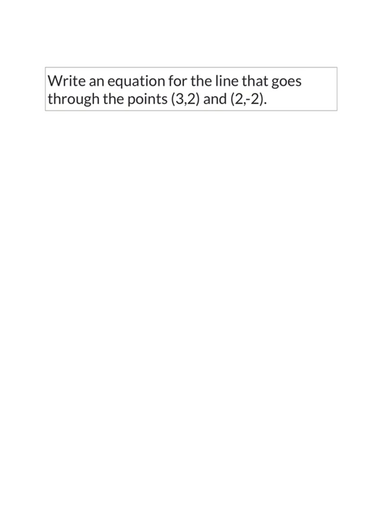Okay, here's another problem. Ooh, it looks like we get to write an equation for the line that goes through the points 3, 2, and 2, -2. All right, my equation is y equals mx plus b. So I need to know two things. I need to know what m is, and I need to know what b is.